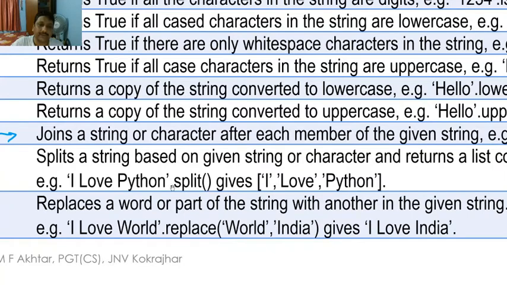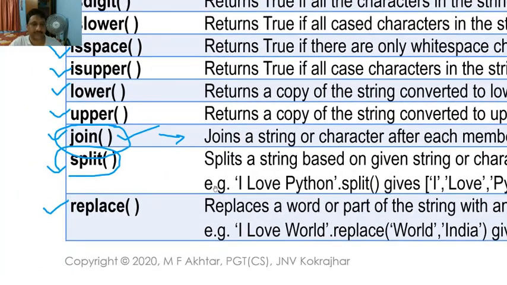It separates each word and produces a list of strings: I word, love word, and Python word. Understood what is the use of these two functions?